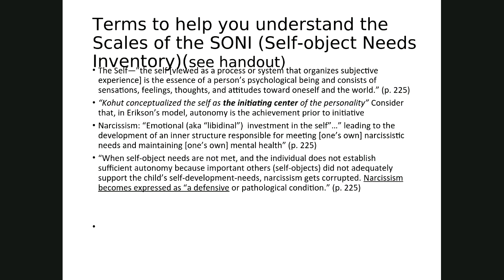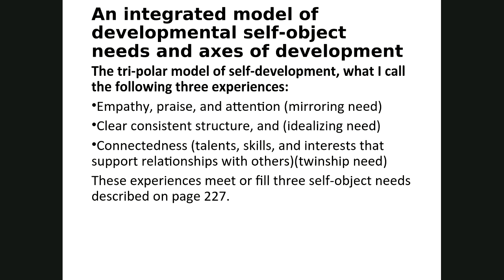And that's where we look at excessive need for empathy, praise, and attention, clear, consistent, the idealizing need, or connectedness. Those three, we would call twinship, those three needs can become excessively needed, and we become dependent on their needs to the point that we sacrifice the needs of others.